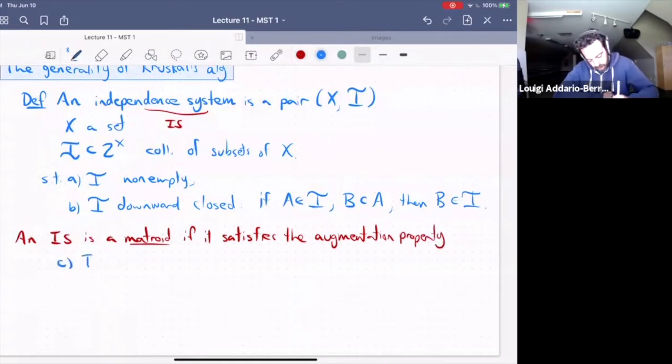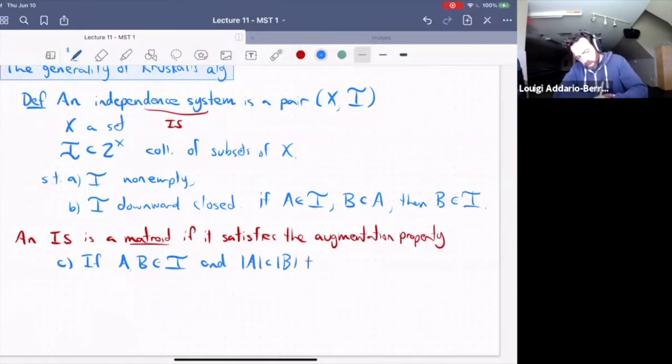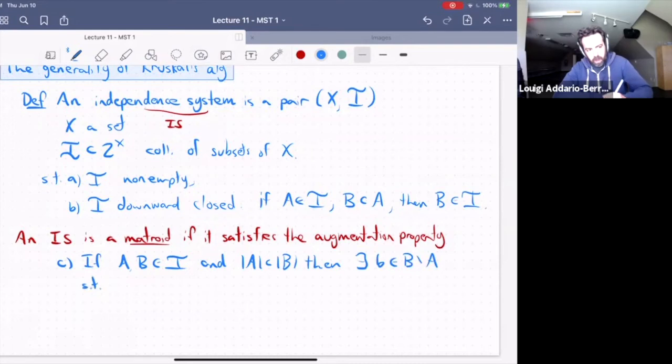This says that if we have two sets in our independent system and one of them is bigger than the other, then there's some element we can take from the bigger set and add it to the smaller set and get another set in our independent system.